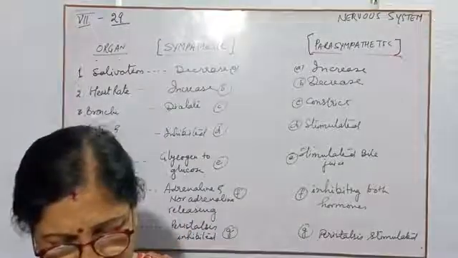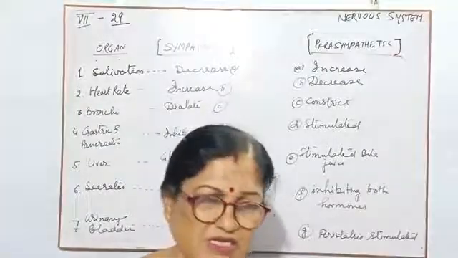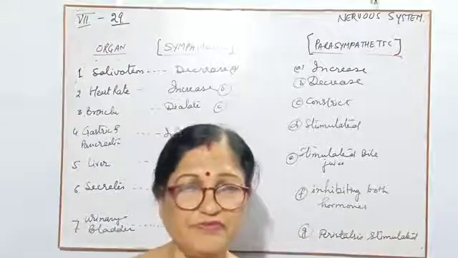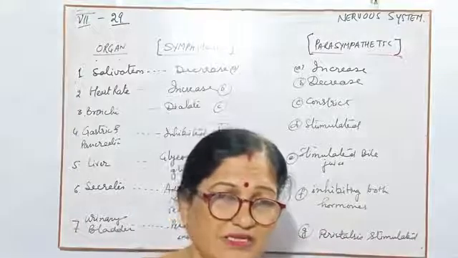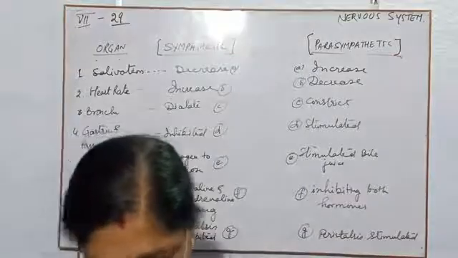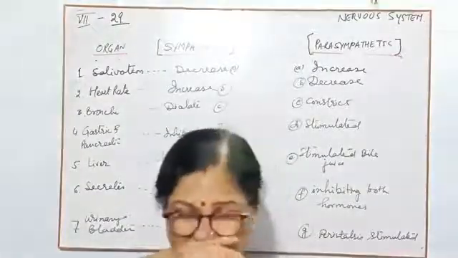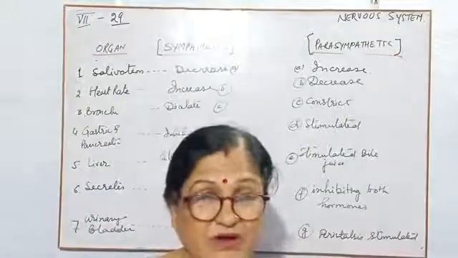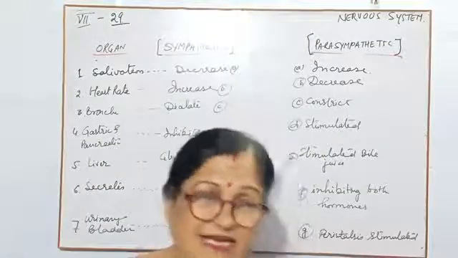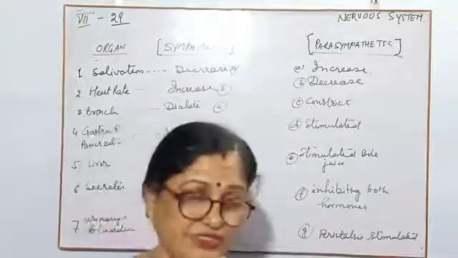So children, this autonomic nervous system can be divided into two different parts, that is the sympathetic nervous system and the parasympathetic nervous system. If the parasympathetic nervous system increases some activity, then the sympathetic system will decrease that activity up to the normal condition.